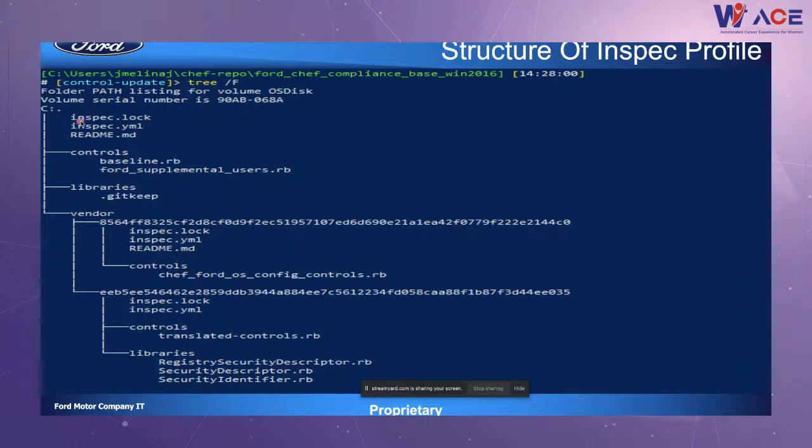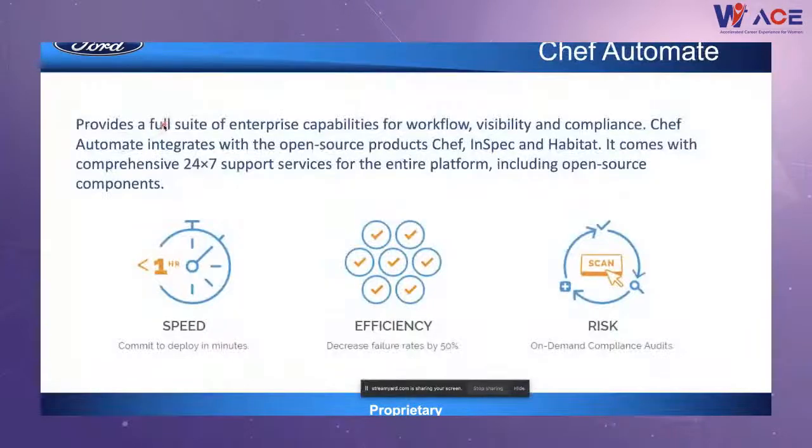So all these will be generated, and inspec.yaml is something, again, just like how we saw metadata.rb in a cookbook, right? Those contain the basic information about the cookbook. The same way here, inspec.yaml will contain the basic information about the InSpec profile that we are writing. Who's the maintainer, license, the name, all those things. And if you have any dependency, those dependencies have to be mentioned over here, using which it will be vendored, right? So this is all about your InSpec.